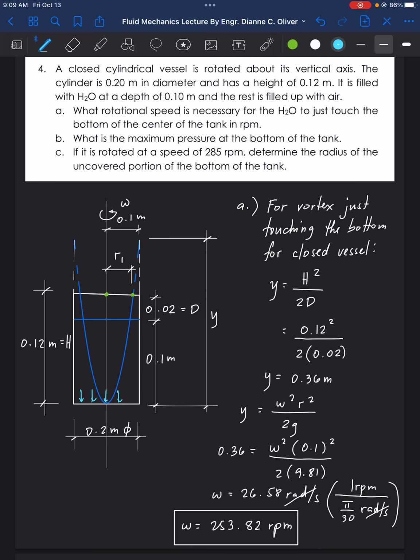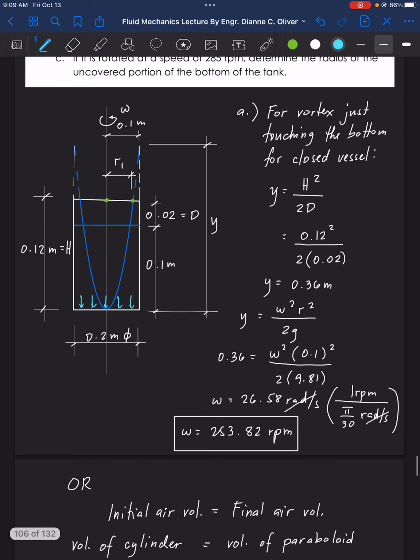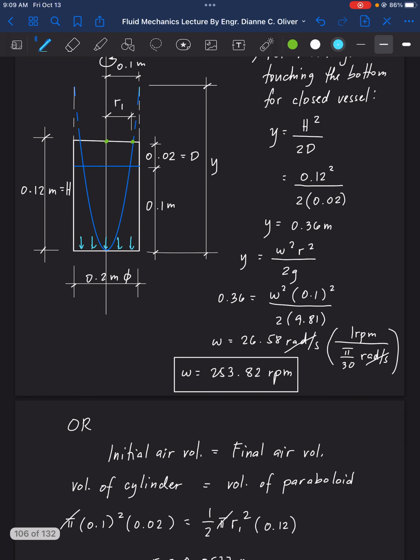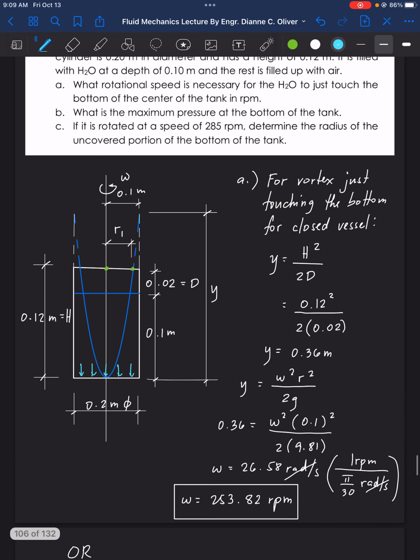If we're solving for force, that will be gamma times volume. The pressure at the bottom of the tank will be something like this, the uniformly varying load. So what is the value of P here?